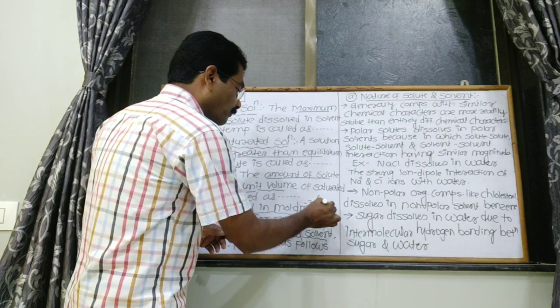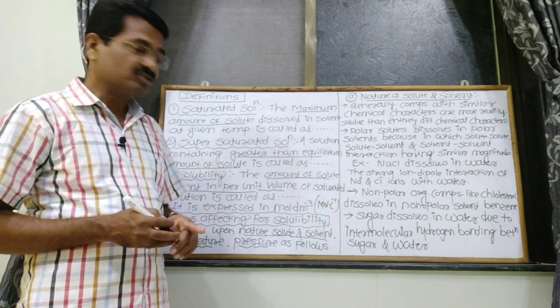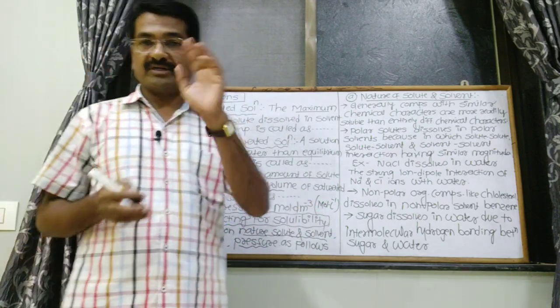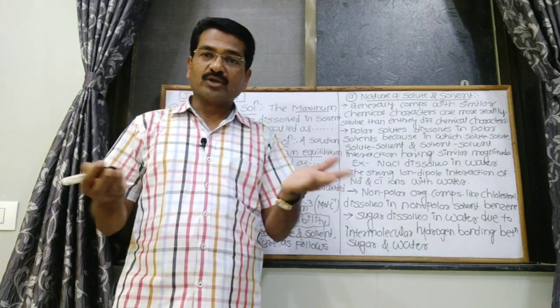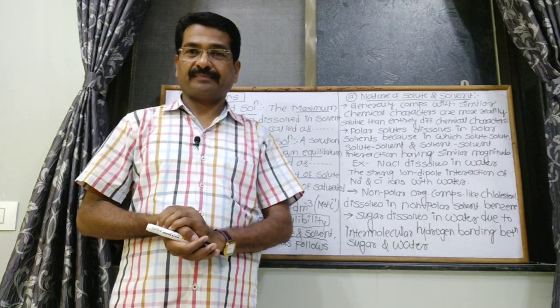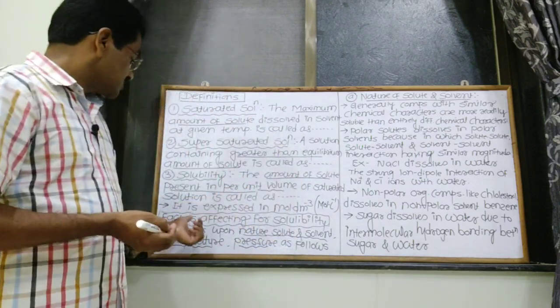Moles per dm cube means moles per liter. This solubility term is very important because we can calculate how much solute is present in a given solution of 1 liter volume. Okay.